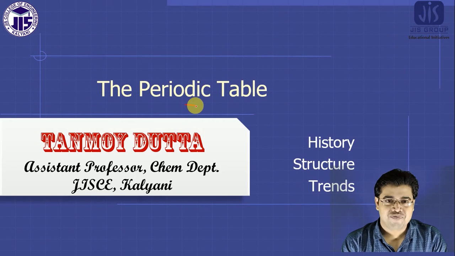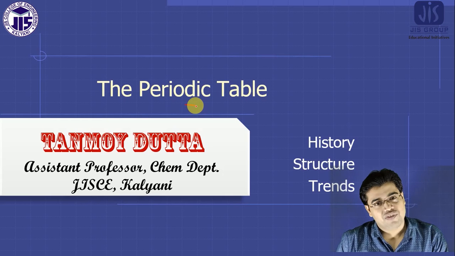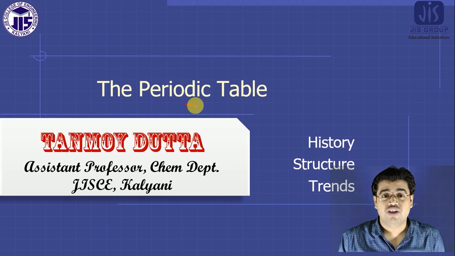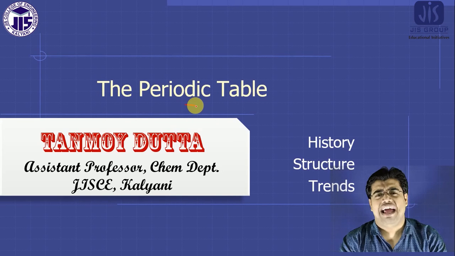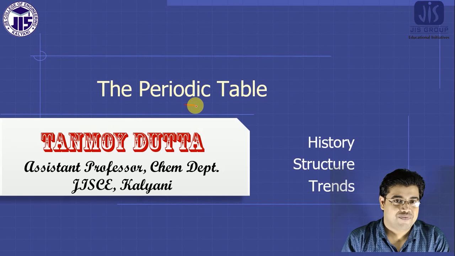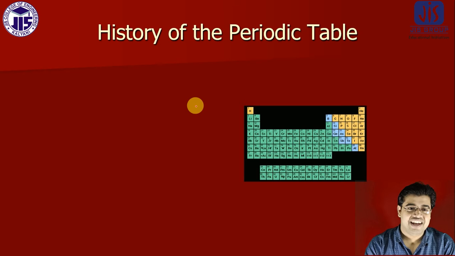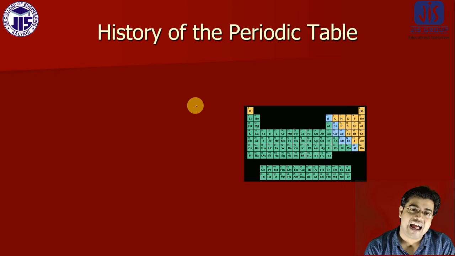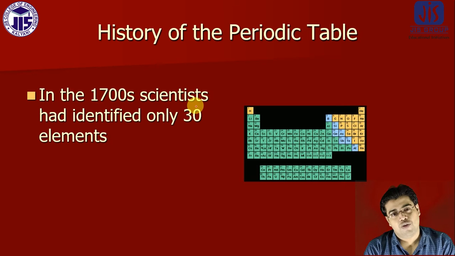So from past times there has been an effort to arrange the elements in a particular way. In the year 1700, only 30 elements were discovered.